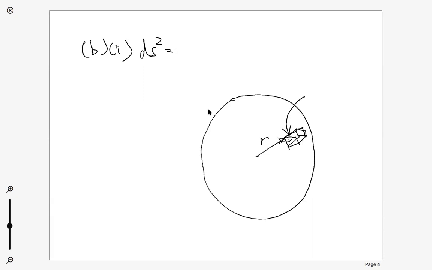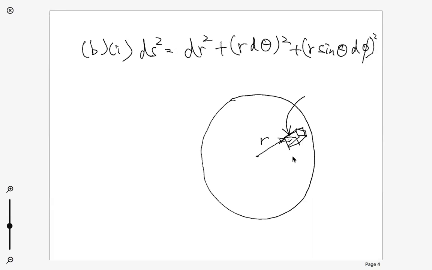Yeah, very good. This is exactly what I expected from you guys at the very beginning. To recap, this length here is exactly dr, this here is r d theta, and the horizontal length here is nothing but r sine theta d phi. So by Pythagoras' theorem, the square of the line element should be something like this.